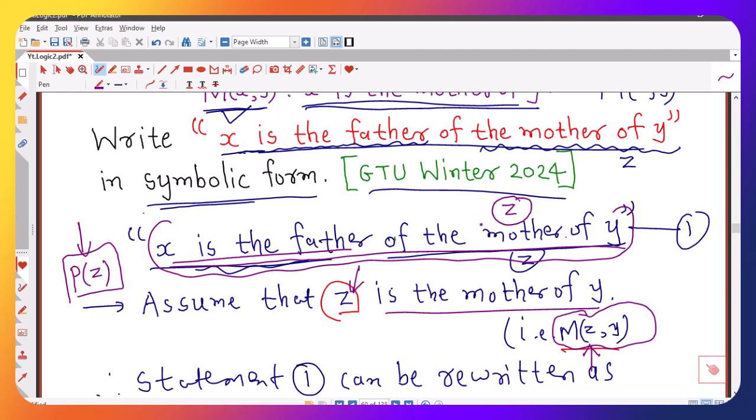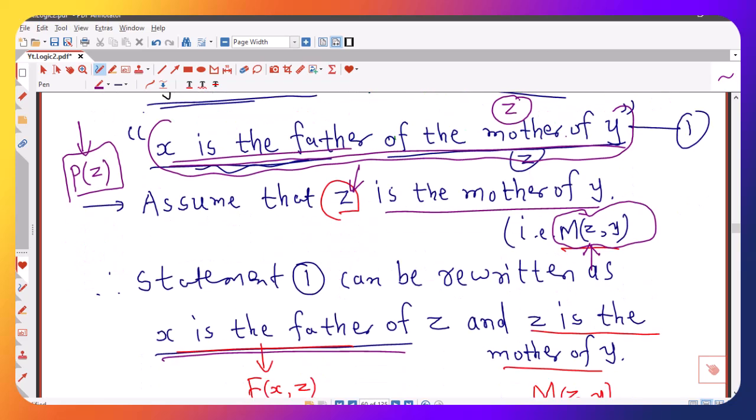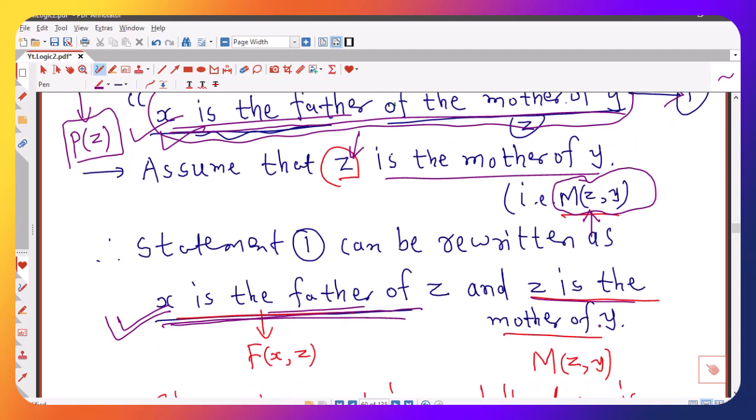So x is the father of z and z is the mother of y. These two statements are equivalent. We can write statement 1 equivalently in this form also, if we assume that z is the mother of y.